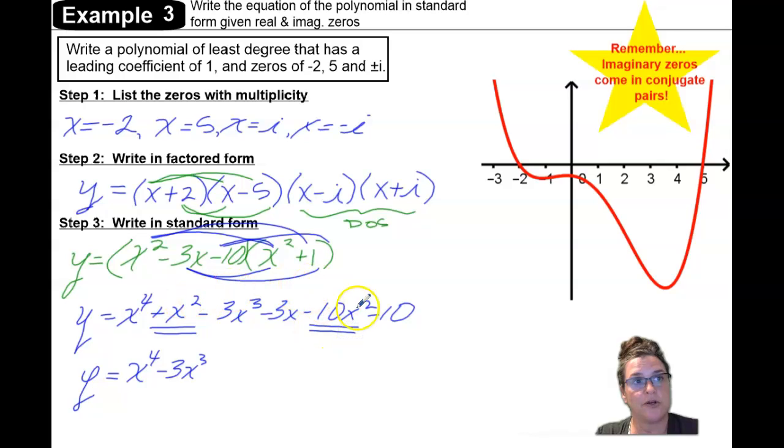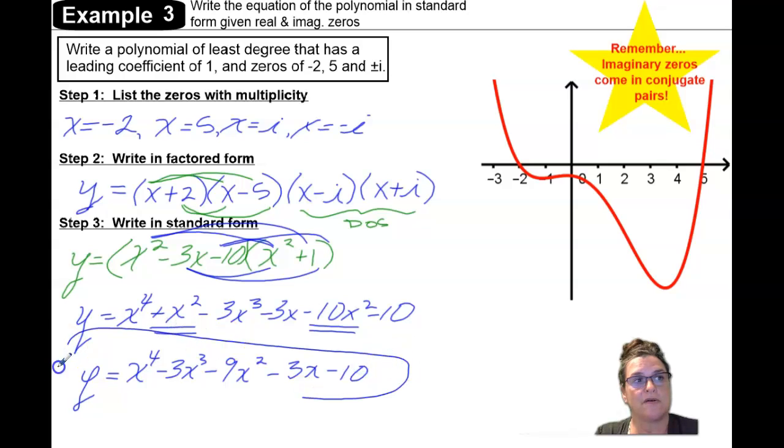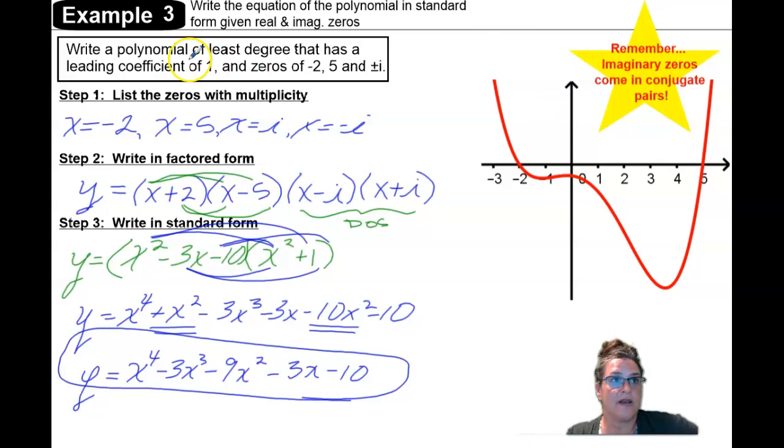Those are like terms, so we're going to combine those like terms and get a negative 9x squared for the quadratic term. Okay, then we have minus 3x. That's our linear term. And then the constant down here at the end is a negative 10. And that would be our polynomial of least degree that has a leading coefficient of 1 and zeros of negative 2, 5, and plus or minus i.